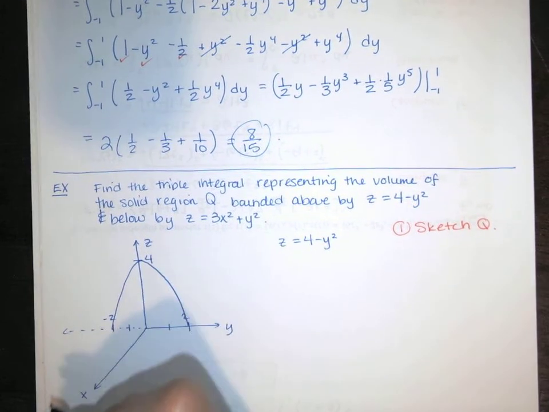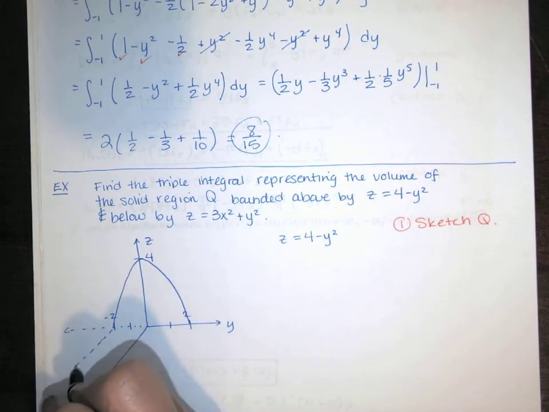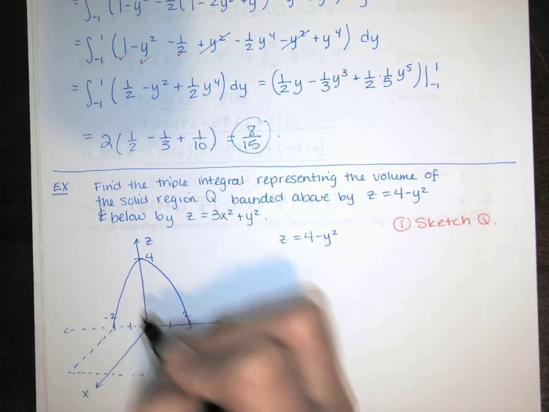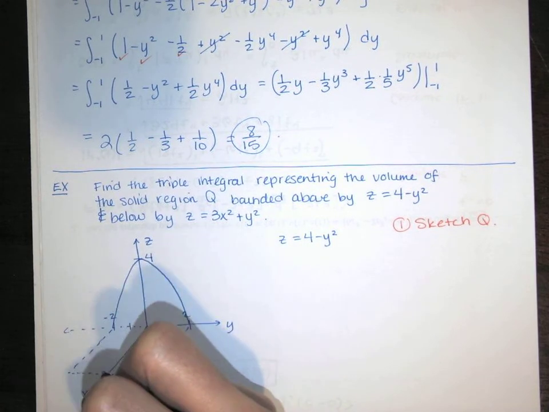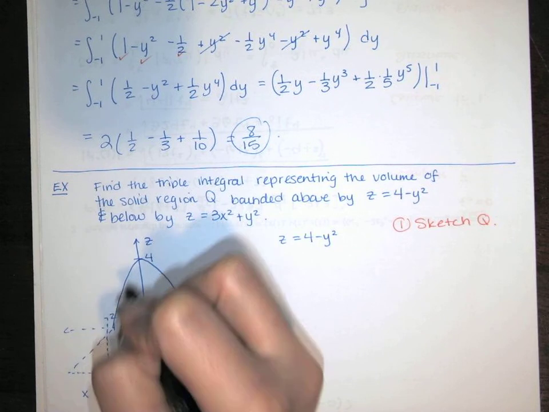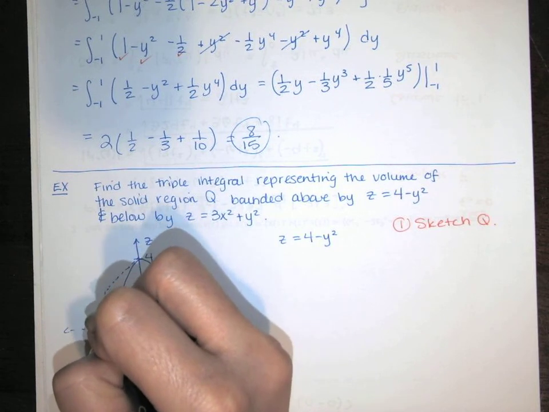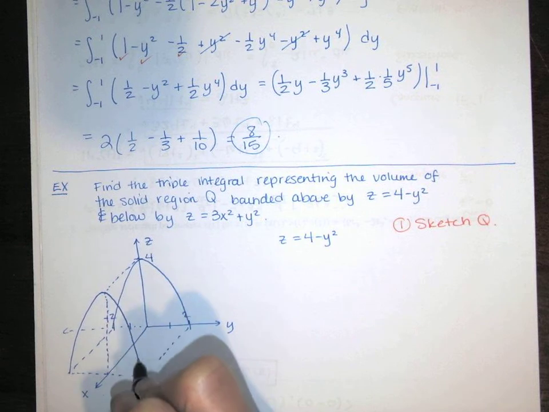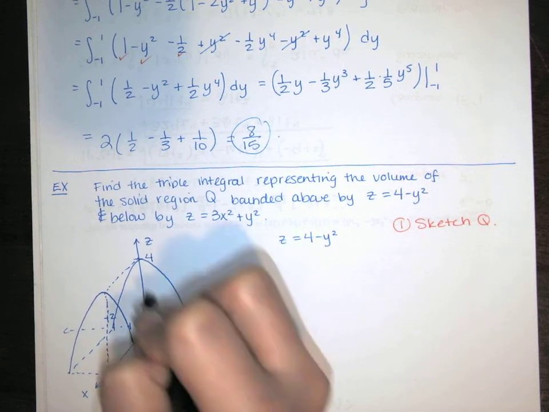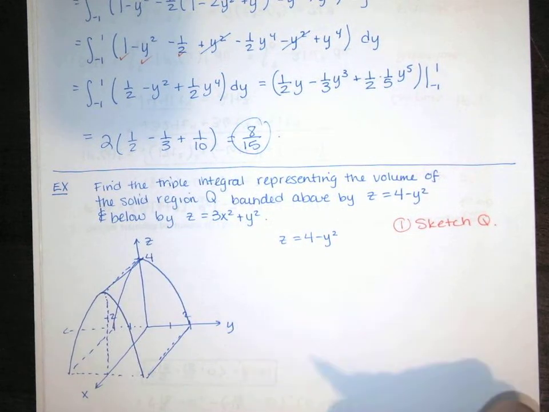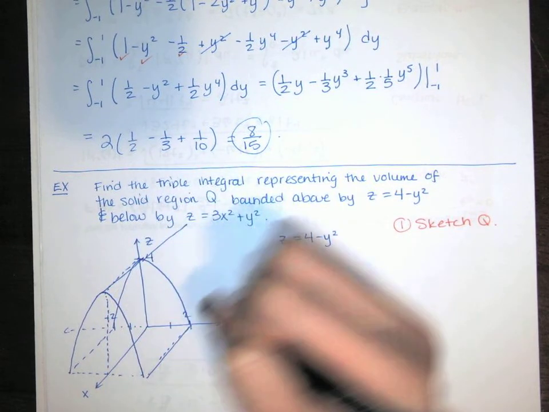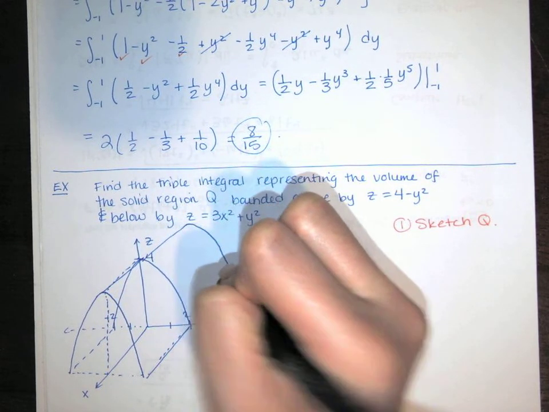X is free to be anything. So what we would see is that same parabola over here. And even behind us, behind the yz plane.